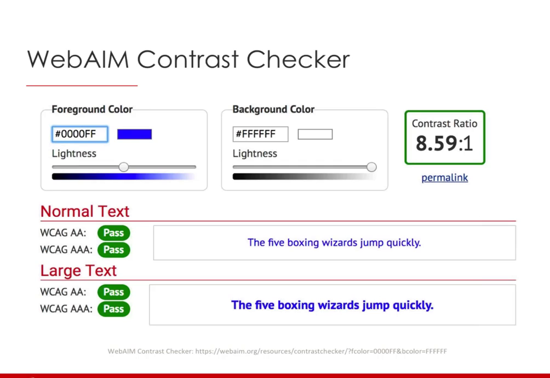So with large text, the contrast doesn't have to measure as strongly because it's larger, which compensates for some of that visibility. So on this slide, we're measuring the blue color as our foreground, or our text color, against a white background. This contrast ratio is 8.59 to 1, which passes AA guidelines as well as AAA guidelines for both normal and large text.